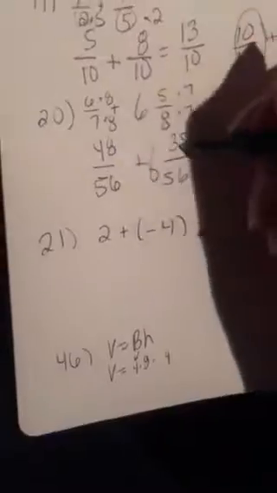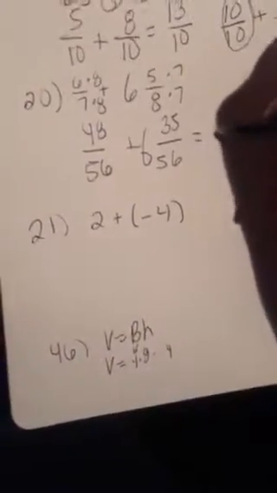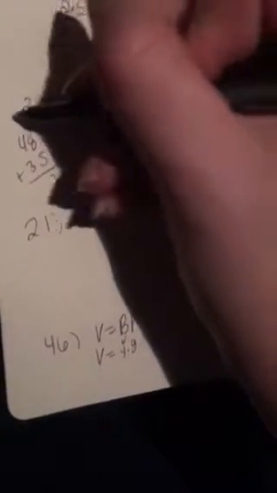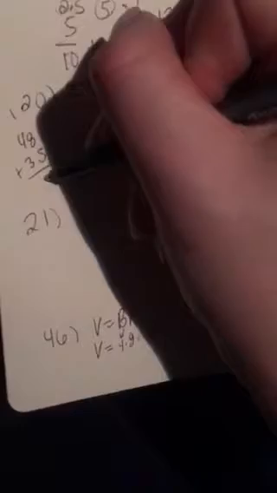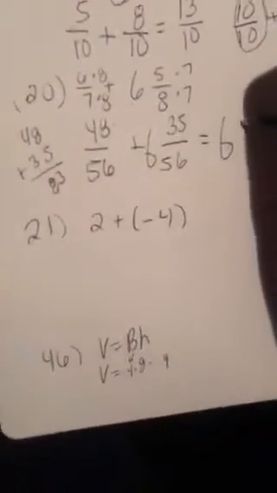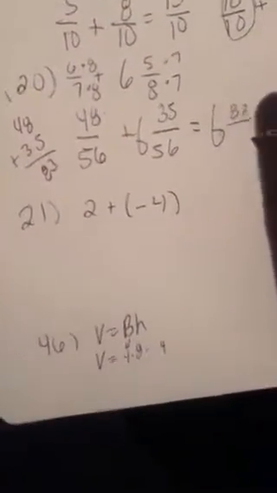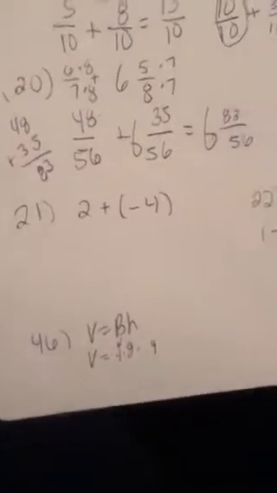I'm going to add together my numerators only, and I would get 6 and 83 over 56.